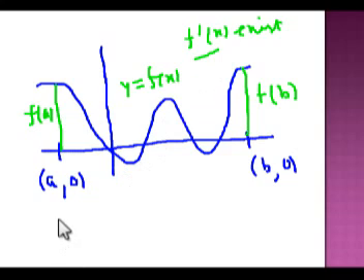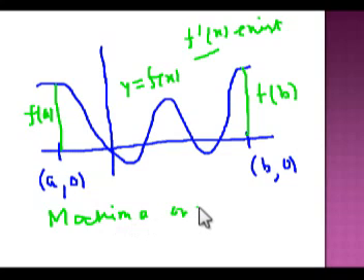If you know maxima or minima, for any curve in a closed interval or any interval, there is a maxima or minima if the first derivative at that point is equal to 0.